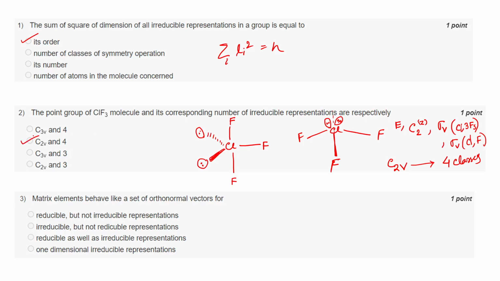Now question number three. Matrix elements behave like a set of orthonormal vectors for: reducible only, irreducible only, reducible as well as irreducible, or one-dimensional irreducible representation. What do you think? This is a good question. For irreducible representation. Why don't you think it will also work for reducible representations?